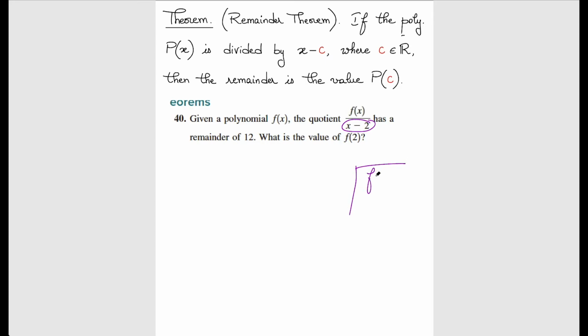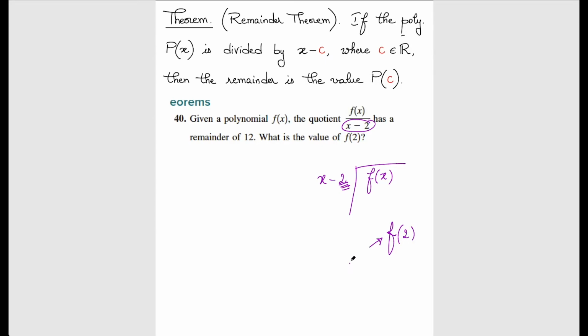So you're gonna divide f of x by x minus 2. If you perform that, correct, you're gonna get a remainder, and according to the remainder theorem, that remainder is gonna be f of that number, right? Who's playing the role of c here? X minus c, the c is 2, right? So the remainder by the remainder theorem is f of that value 2. So who's that remainder then? F of 2.